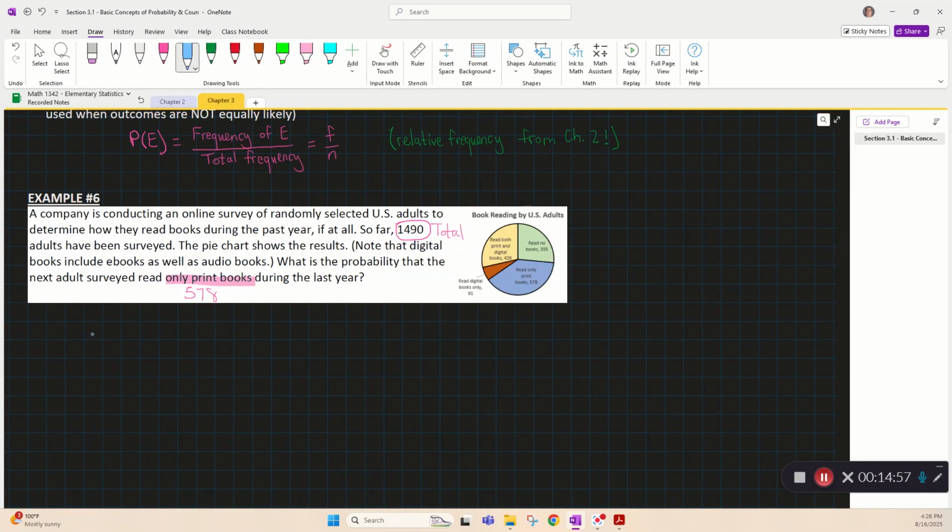So then the probability of only print would equal 578 over 1490, which is roughly, to 3 decimal places, 0.388.